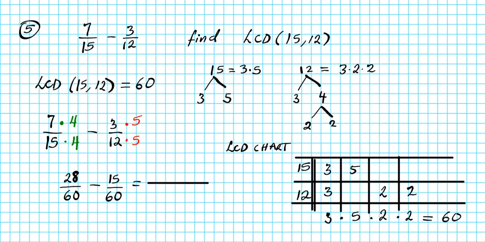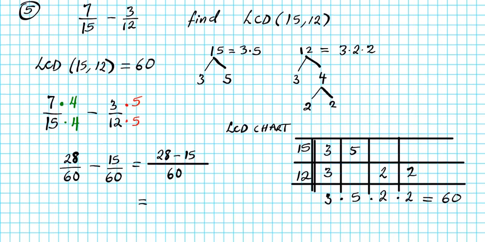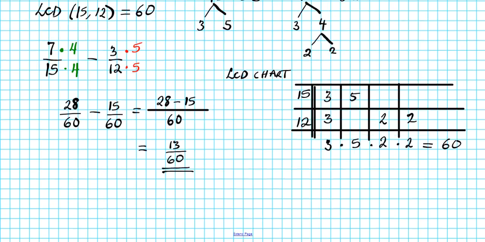We can now express the denominator as just the same as the original denominators, and we subtract the numerators. 28 minus 15 is 13. So we have 13 over 60. This cannot be reduced, and it's a proper fraction, so that is our final result.